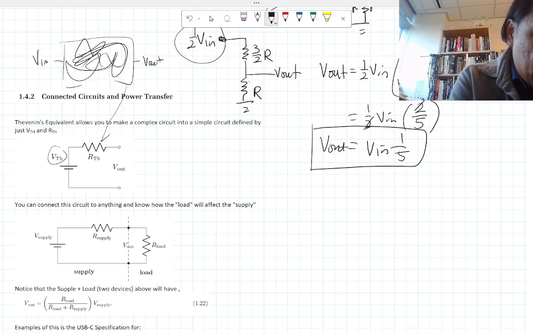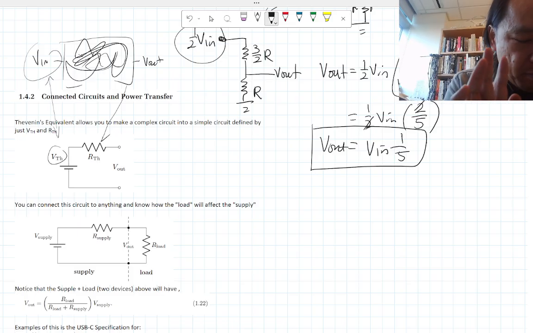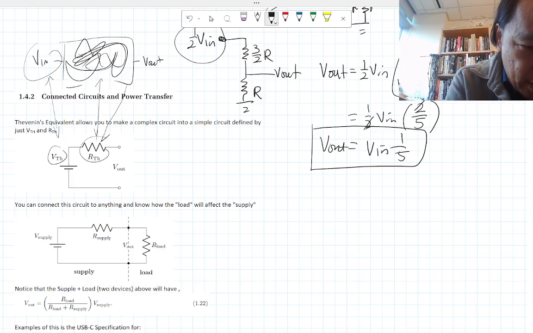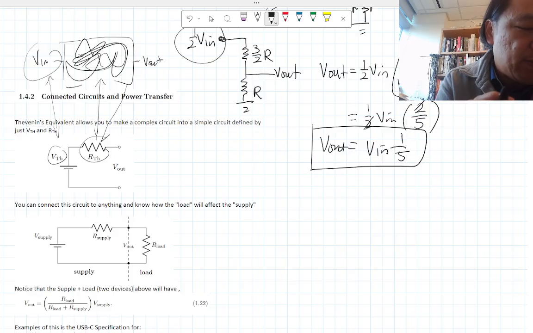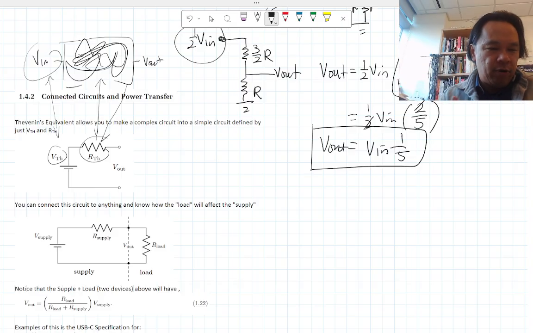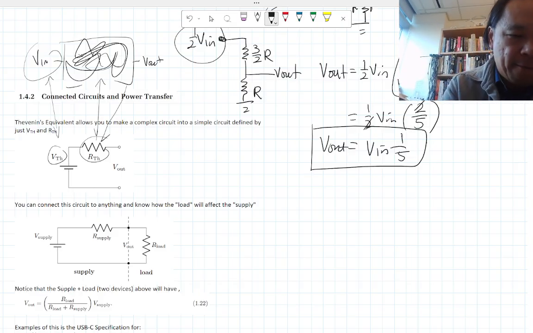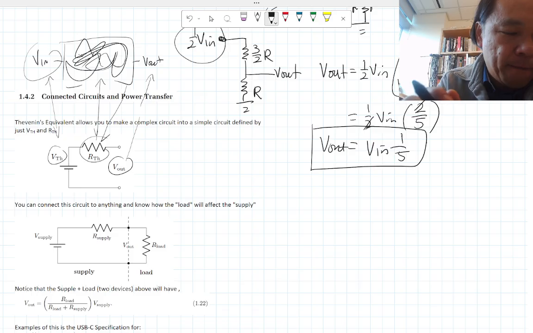The V Thevenin will most likely not be Vn. And R Thevenin is basically the combination of all the resistance inside the different components in your circuit. And V out, in this case, is just going to be the output that you get.